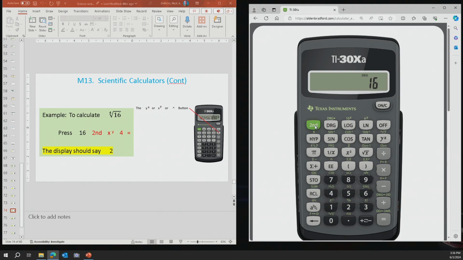Press the shift key over here, and then press the Y to the X button, because that accesses what's above it, and then press 4, and then press equals, and we get 2 like we're supposed to. So it's a very, very handy button for doing calculations with.